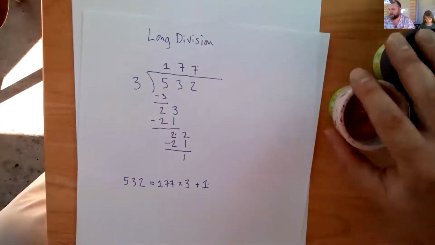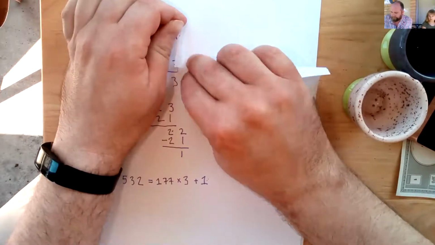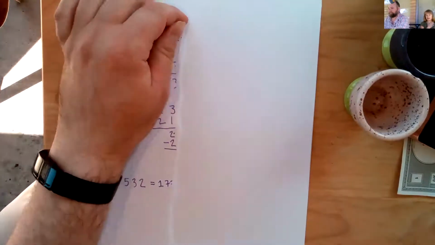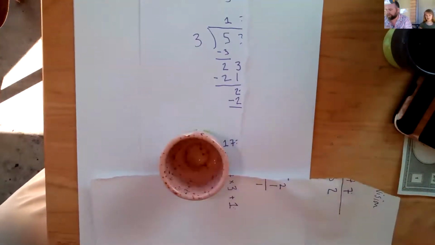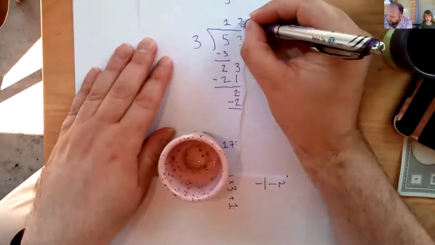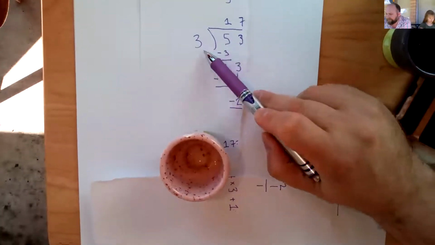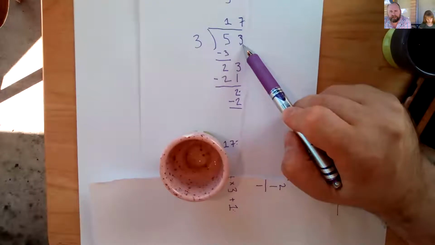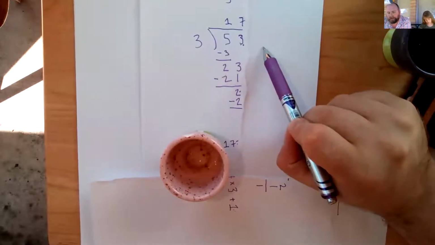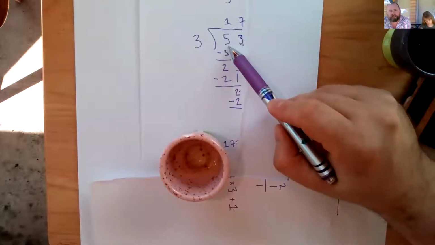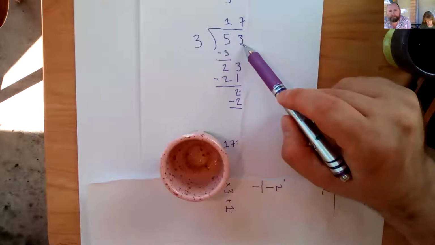Let's say this page got torn. Okay. So I see this 7 here and this 3, but I don't know if I'm really dividing 3 by 53 or if there are supposed to be digits over here. But the truth is, it doesn't matter, right? Because I proceed digit by digit.